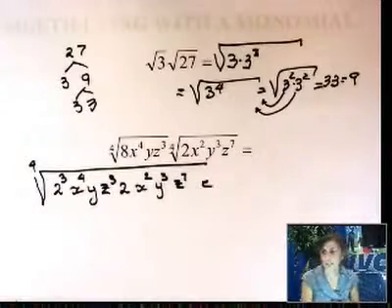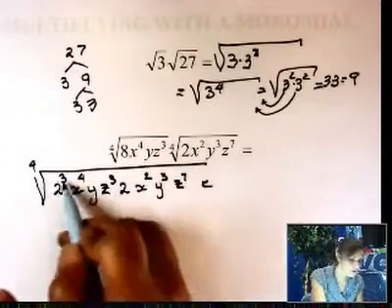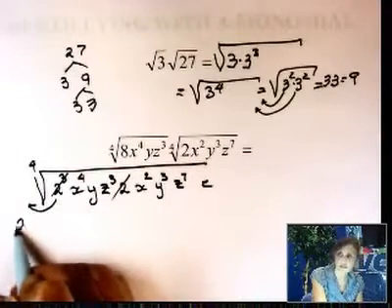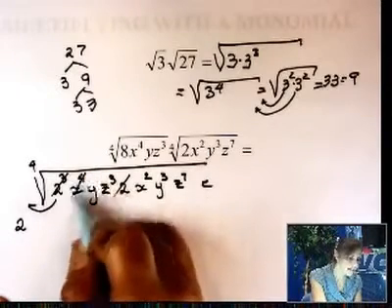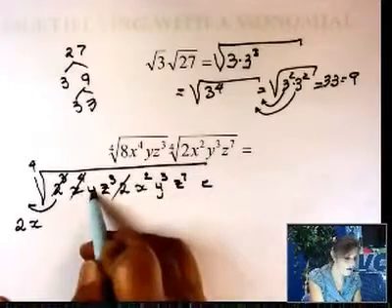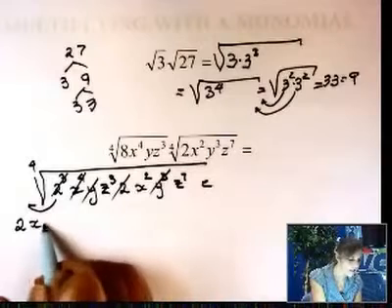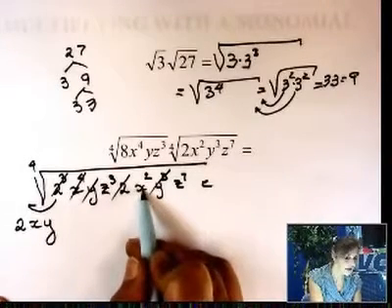Alright, let's take out the ones that I can see already. 2 to the 3rd and a 2, there are 4 of them, that comes out as 2. I have another x to the 4th, that comes out as x. Alright, you have a 1 here and a 3 here. Together, that's 4. That comes out as y. So this is left behind.